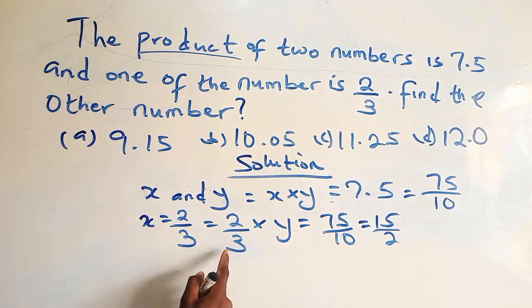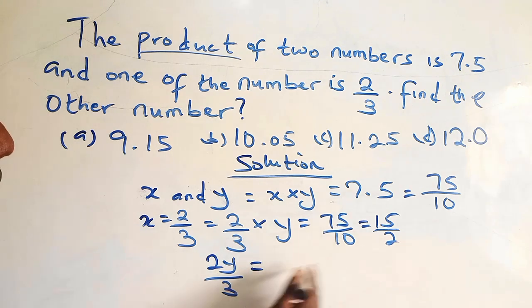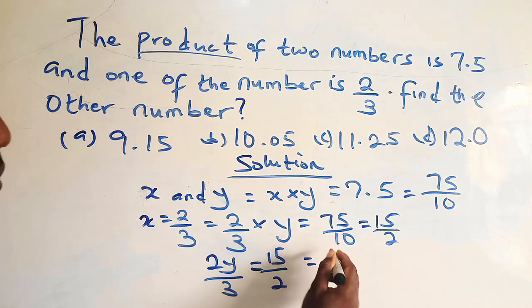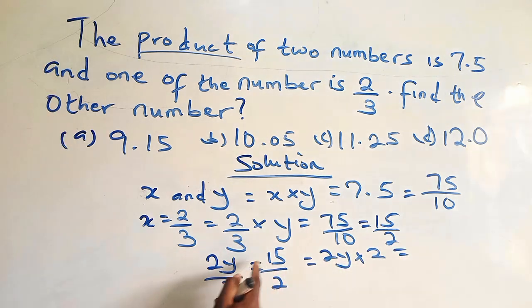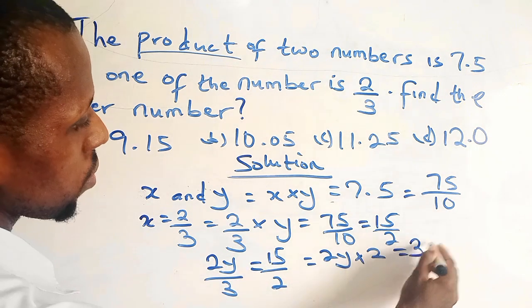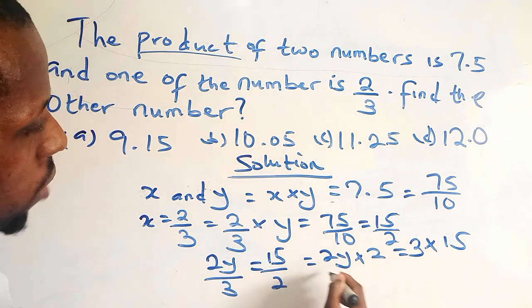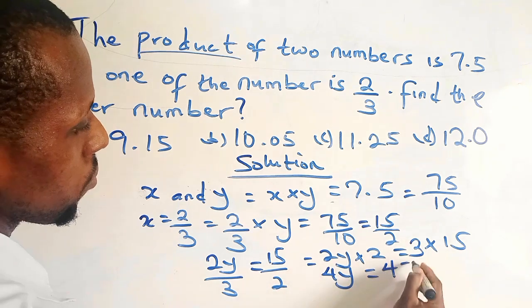So I have 2 times y, that is 2y over 3, equals 15 over 2. I can easily cross multiply: 2y times 2 equals 3 times 15. So 2y times 2 is 4y, equals 3 times 15, which is 45.